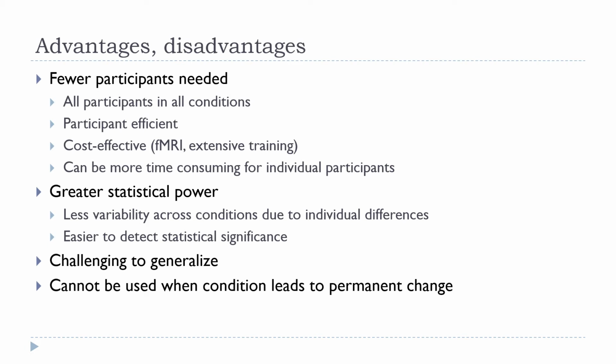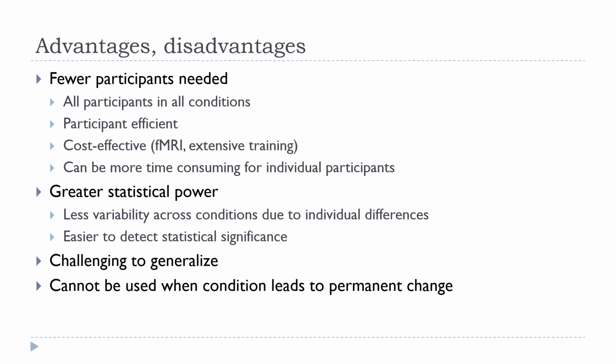You don't have a separate pot of people in condition A and condition B. It's the same people in both conditions, and as a result, individual differences or error, which is the denominator of your test, is going to be a lot smaller. You have less error, less individual difference, and as a result, less variability, which means you have a bigger result. So there's more power with a within participant design.